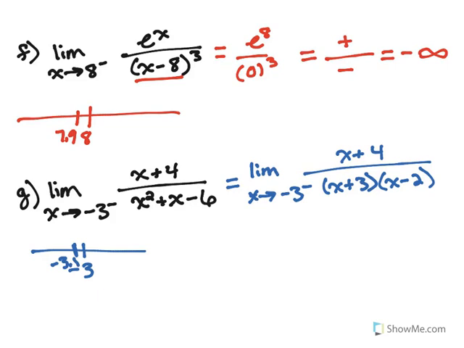Okay, if we plug -3.1 into each of these factors, in the numerator, I'm going to get a positive number. For my x plus 3, I will get a negative number. And for my x minus 2, well, we've got a negative number minus 2. That's still going to be a negative number. So this thing is going to positive infinity.